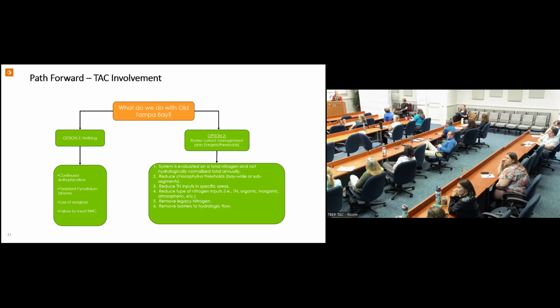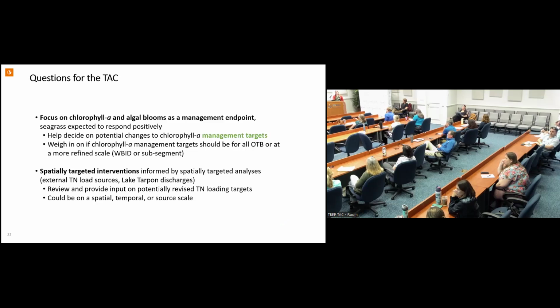Previously, we just heard about the different nitrogen inputs. Could that be looking at changing what forms of nitrogen are added to Tampa Bay? We won't bring up the terrible word. I won't say the D word in here, but there's removing legacy nitrogen within Old Tampa Bay and potentially removing additional barriers to hydrologic flow.